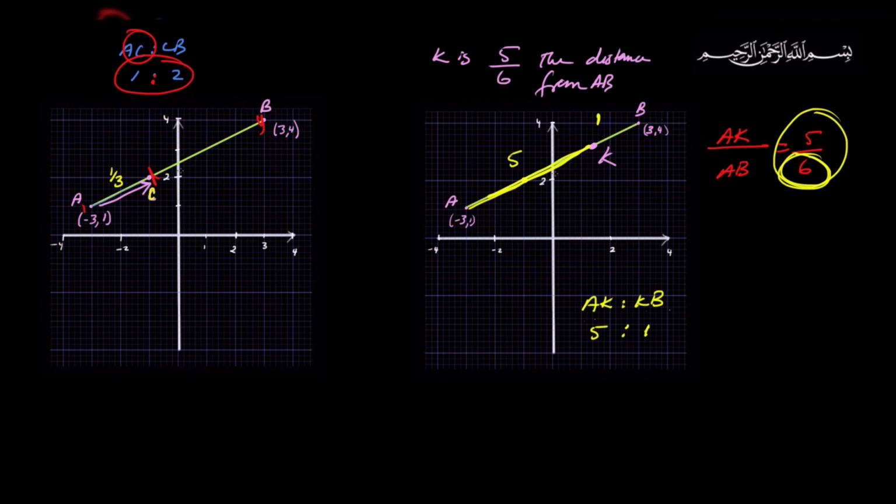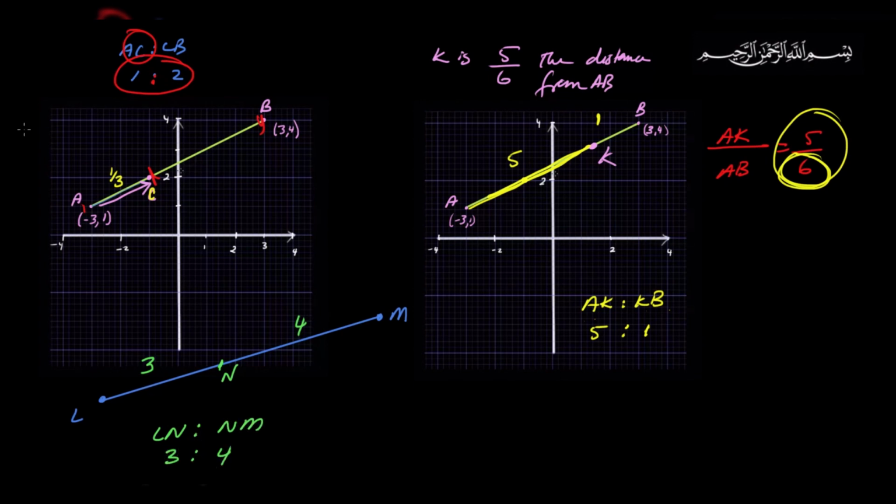Now let me give you another question just to confirm our understanding here. I have a segment over here, let's call this point L and this is point M. And I have a point over here, point N. And I say the ratio of LN to NM is 3:4.